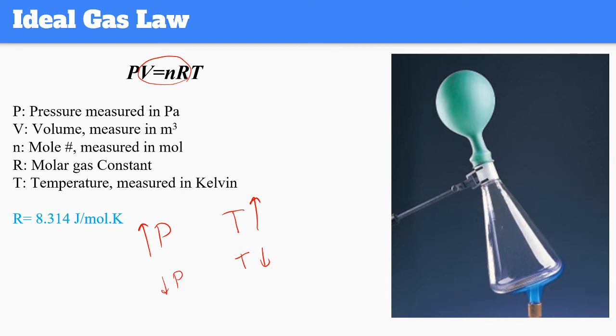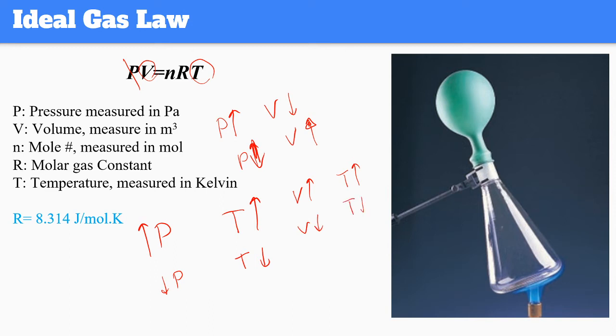Same thing, if you keep those the same and increase the pressure, then you see that the volume is decreasing at the same rate, or if you decrease the pressure, the volume is increasing at the same rate. And again, if you keep pressure the same and change the volume, and look at the effect on temperature, when volume increases, temperature will also increase. If you decrease volume, then temperature will decrease.